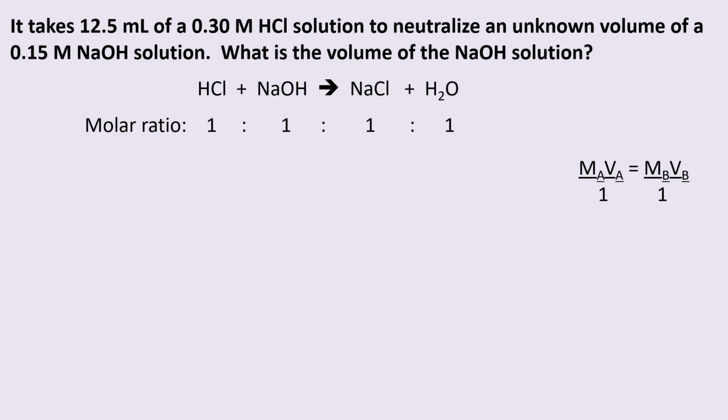Practice problem 2. It takes 12.5 milliliters of a 0.30 molar HCl solution to neutralize an unknown volume of a 0.15 molar NaOH solution. What's the volume of the NaOH solution? Since this is the same chemical equation as before, we skip directly to the titration formula, where once again ones are written into the denominator.